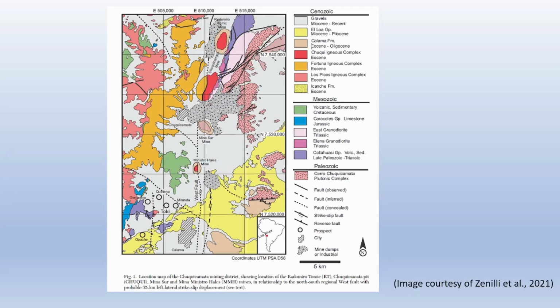For a long time, geologists believed it may have shifted rocks about 35 km left laterally. And this raises an important question: what if half of the Chuquicamata system was sheared off and displaced somewhere else?